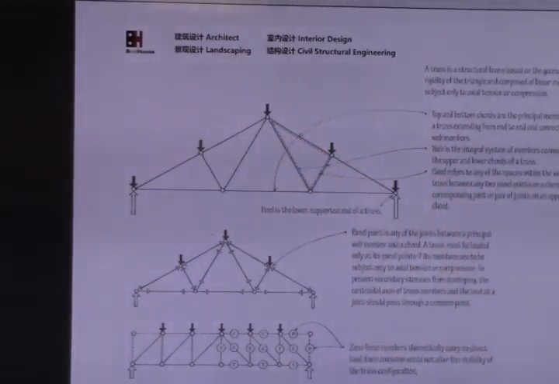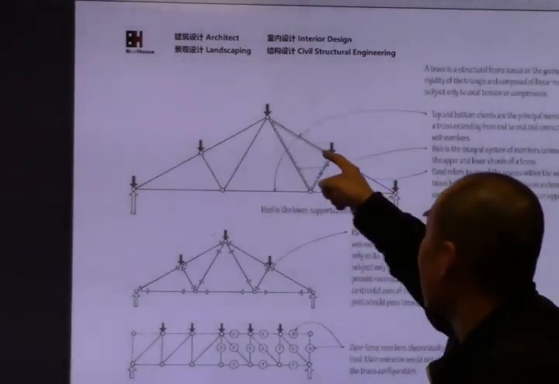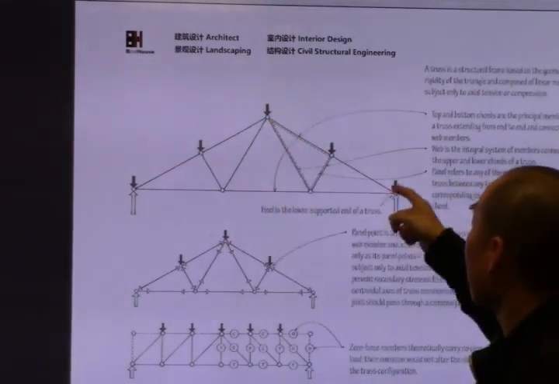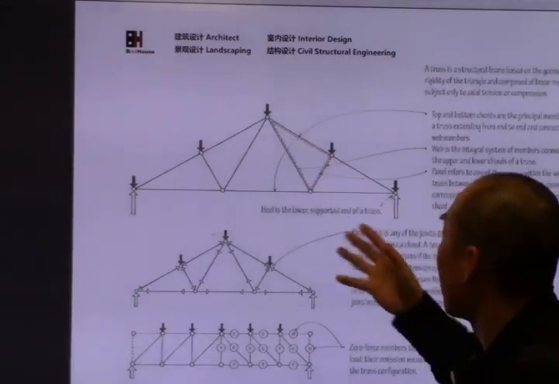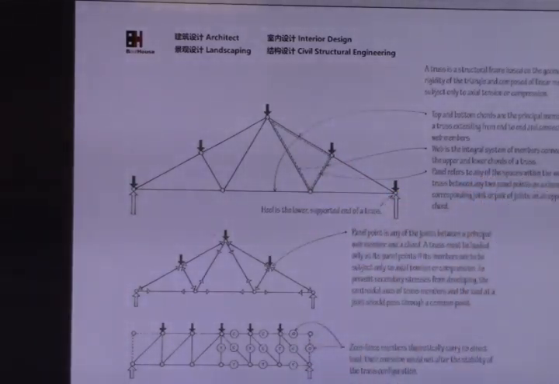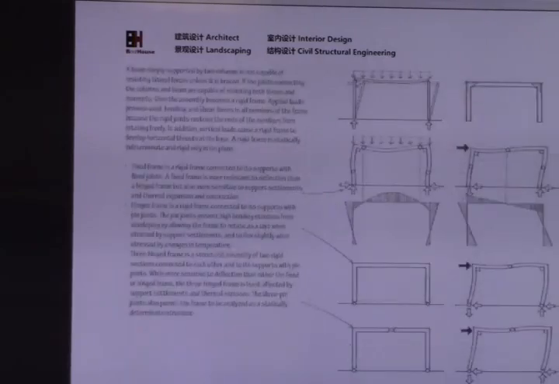So if we have a longer span, use the truss, not the beam, because it's hollow. It looks like a beam with this plate here, where we just remove the plate. It's a truss. It's another kind of beam, a truss beam.